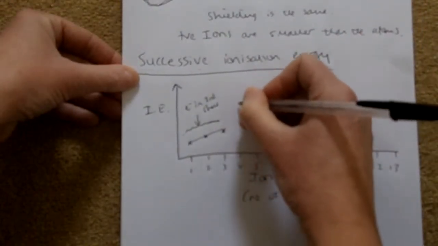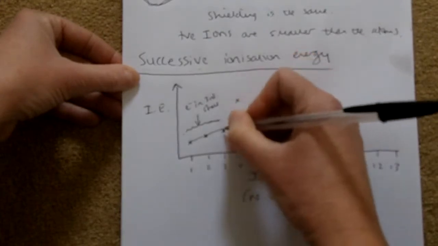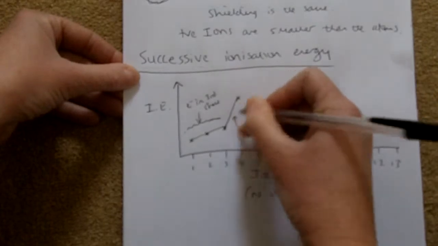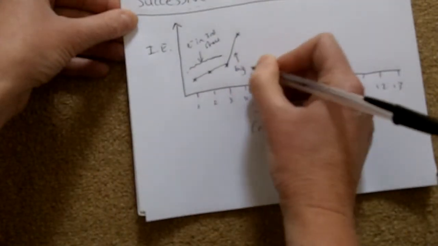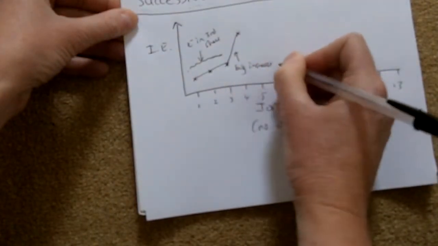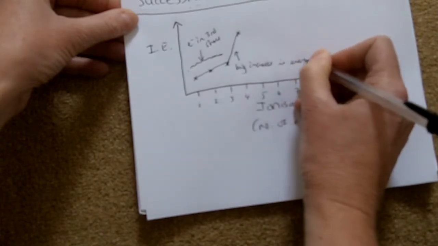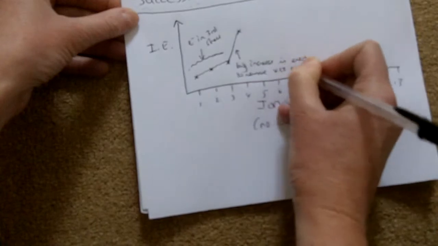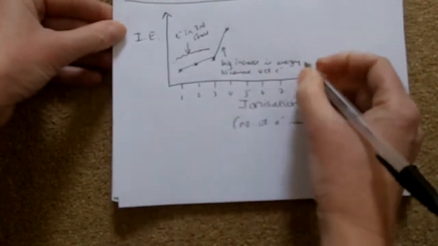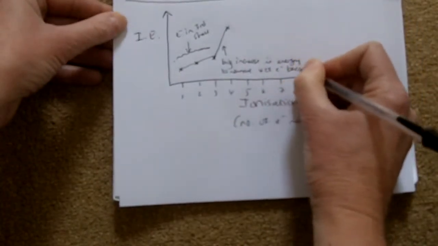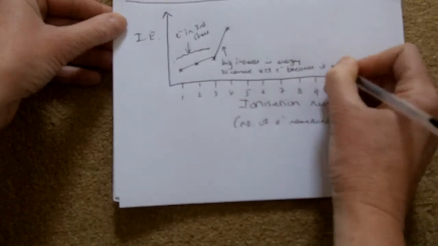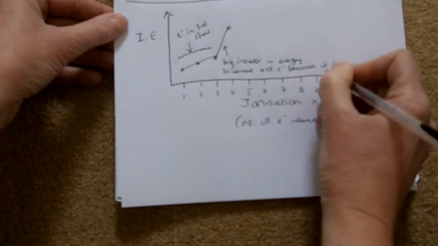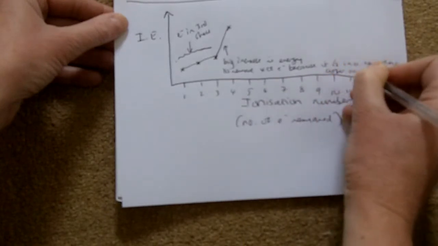So for the fourth electron, we need an enormous jump, a big increase in energy, because it's in a new shell closer to the nucleus.